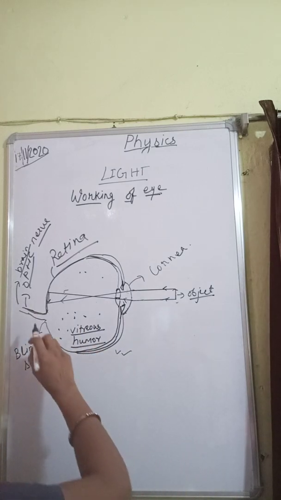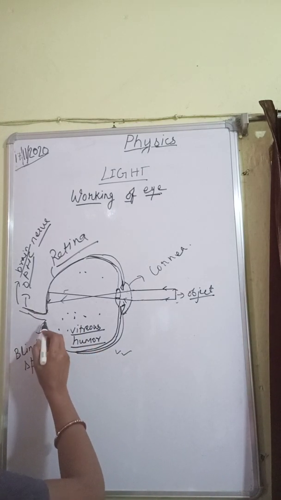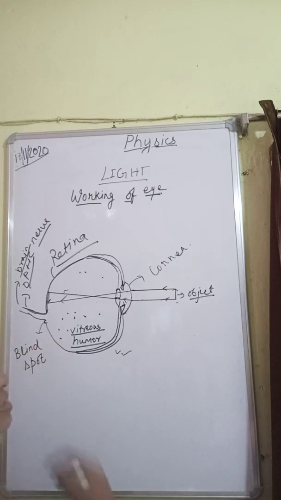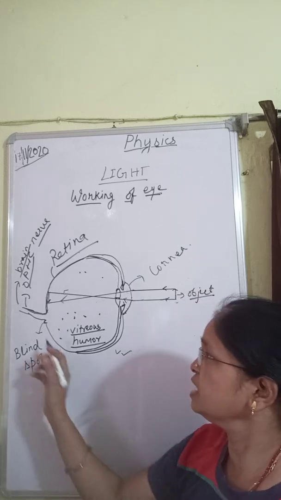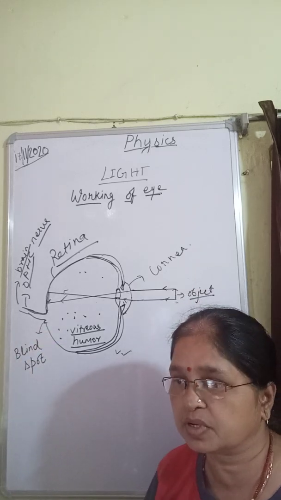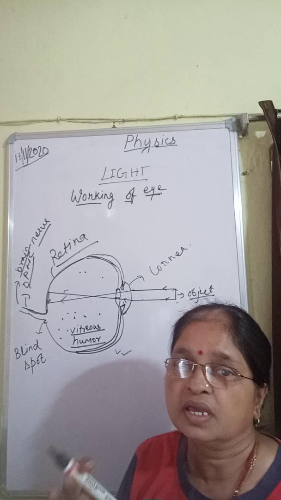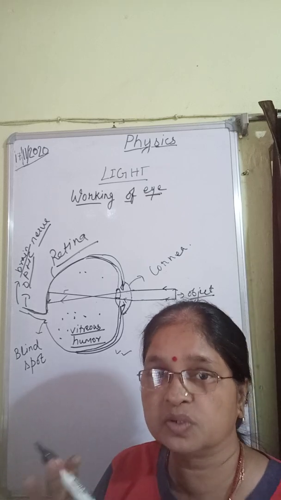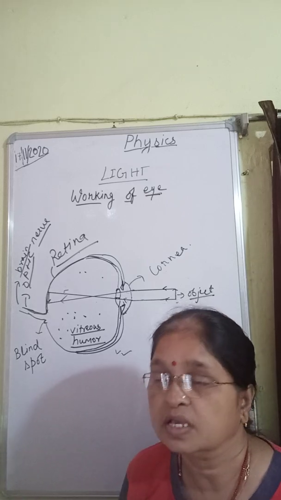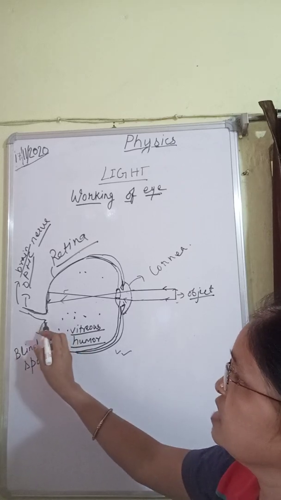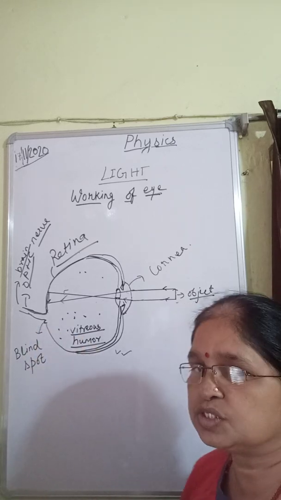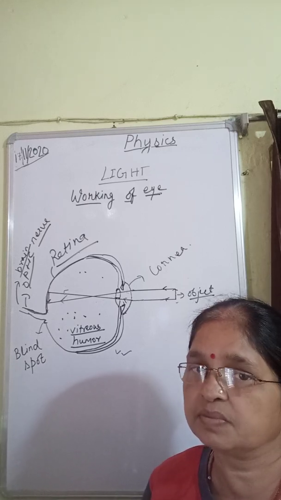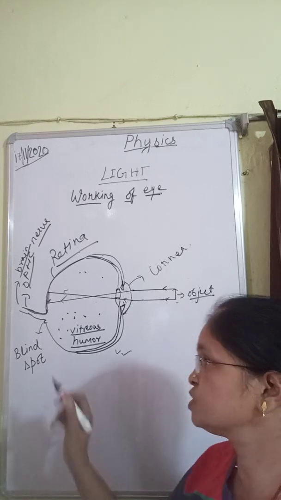Just beside the retina there is one spot. See this? This spot is known as the blind spot. Why are we naming this spot the blind spot? Because on the blind spot there are no photoreceptor cells present. So whenever light falls on the blind spot, it will not take the image, and if nothing is sent to the brain, what will the brain see?